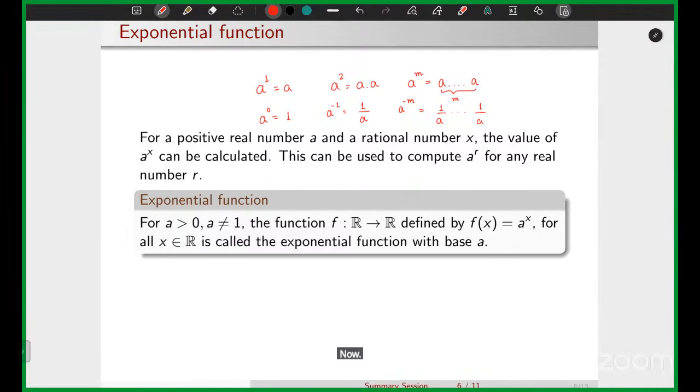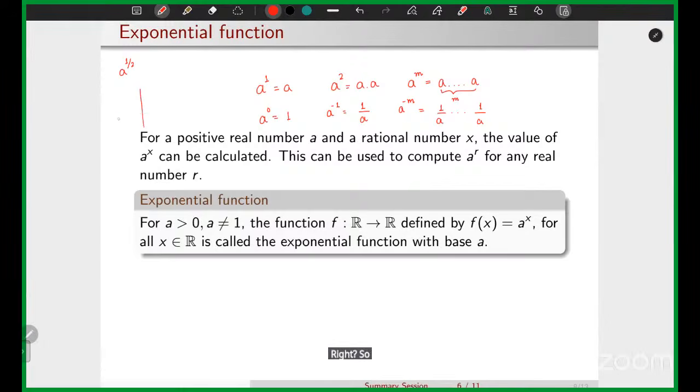Now, what about things of the form, let's say a to the half? So this is why you'll need the positive real number part. What is a to the 1 by 2? It is the root of a. So there is a real number such that its square is equal to a, right?